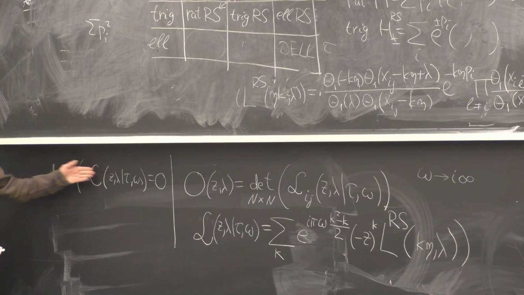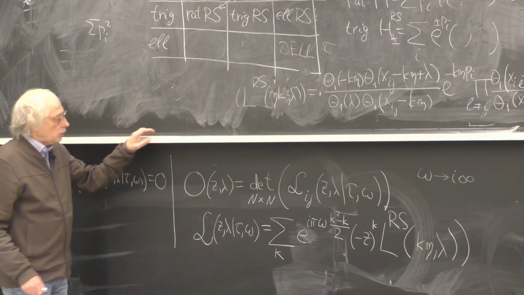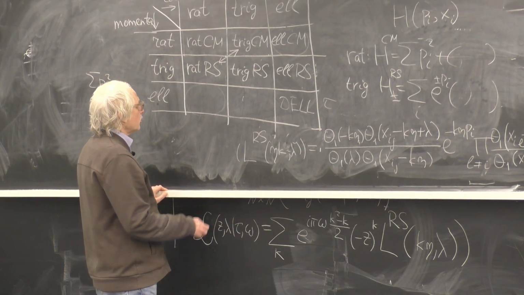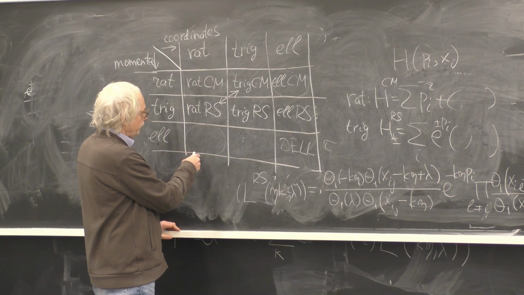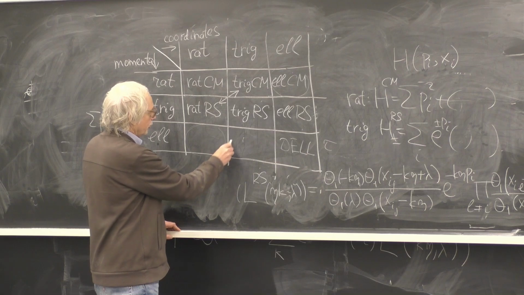And this spectral curve, when omega tends to infinity, becomes the equation for the spectral curve of the elliptic Ruijsenaars-Schneider model. So using this construction, it is possible to see what happens in these squares.